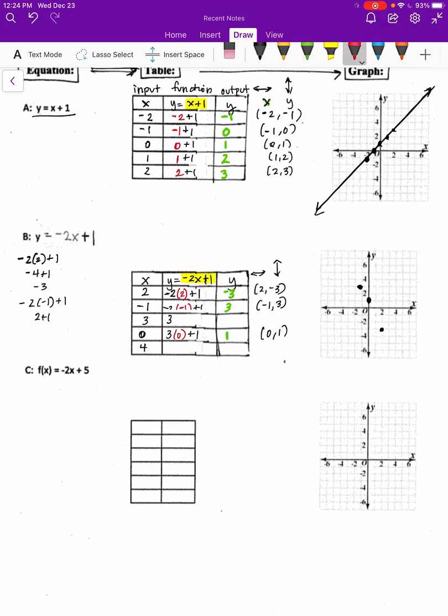3 times 3 plus 1. And again, some of you are starting to be able to do these in your head, and that's fine. So you have 3 times 3 plus 1. 3 times 3 is 9. 9 plus 1 is 10. So my actual point here would be 3. Did I do that right? Oh, man. I'm really messing this up.